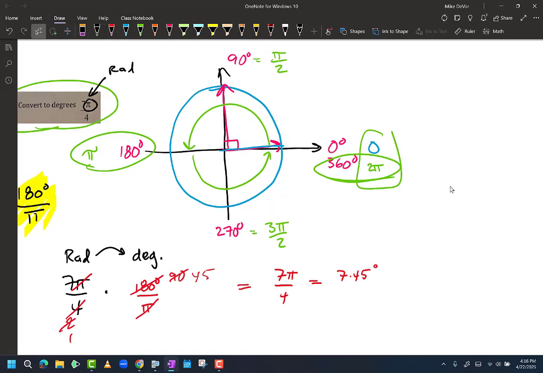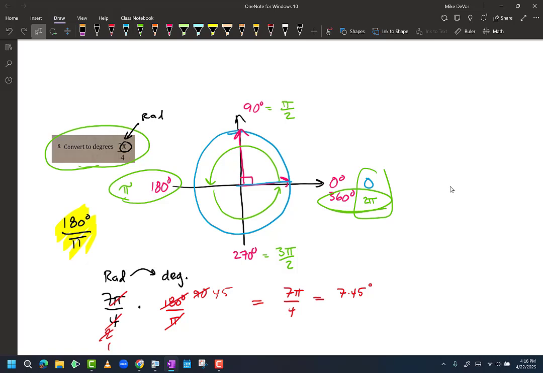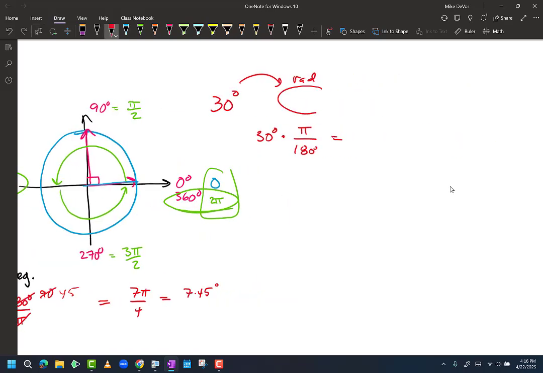If I wanted to go the other way, let's say I want to go from 30 degrees, and what is that in radians? We do the same thing, but we wouldn't be multiplying by 180 over pi. We would have pi over 180. If we want something in radians, pi has got to come out at the end of the calculation.